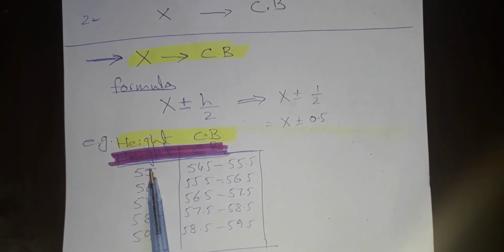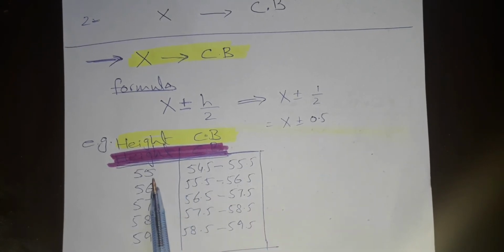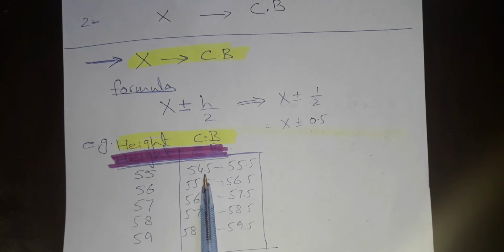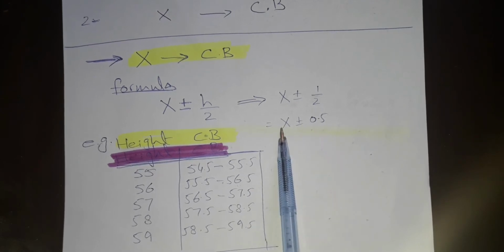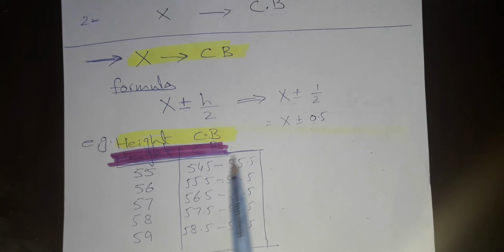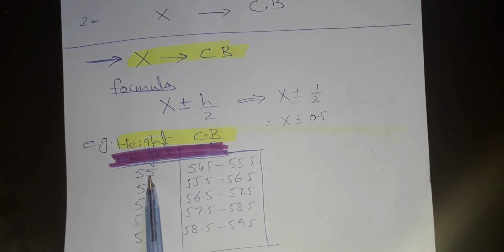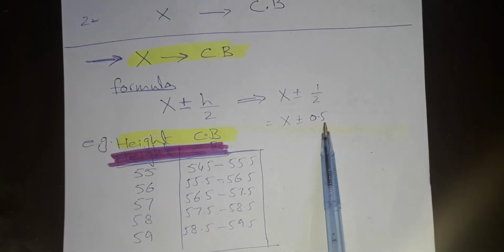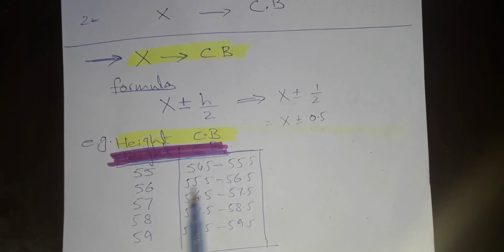Take the value of x as 55. 55 minus 0.5 becomes 54.5 right here. Again, take this x value and add 0.5. 55 plus 0.5 becomes 55.5. So 55 is the value of x, and by plus minus 0.5 it becomes 54.5 and 55.5.